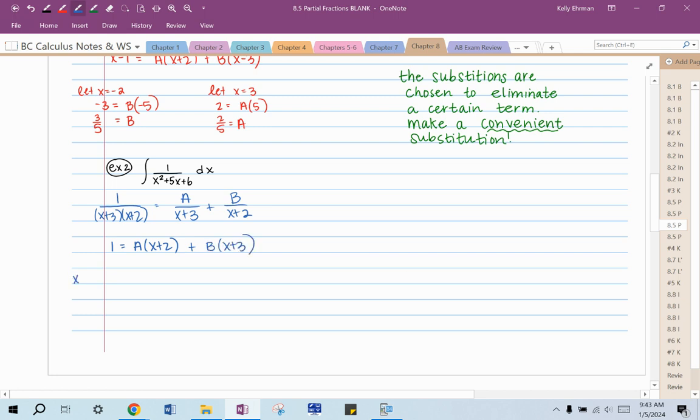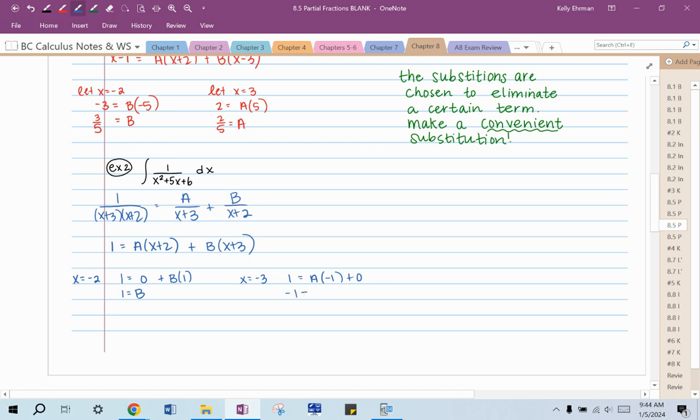In one scenario, we can say x is going to equal -2. That's going to make this 1 equals 0 plus b times 1. So b is just 1. And then let's let x equal -3. In that scenario, the equation will be 1 equals a times -1 plus 0.